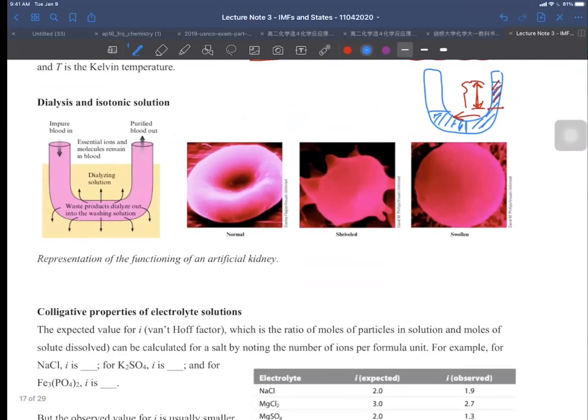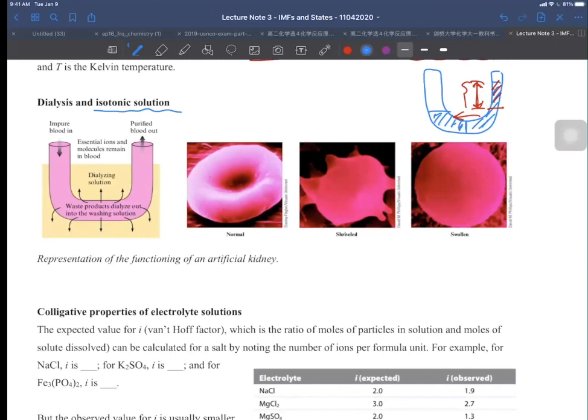So let's have a look at the application of the osmotic pressure or osmosis. I think the first concept we need to know is isotonic solution. So if you need to get some glucose, right? Let's say sometimes you get sick. If you go to the doctor, probably sometimes you may need to get some glucose, right?